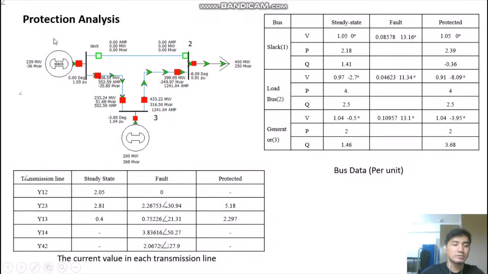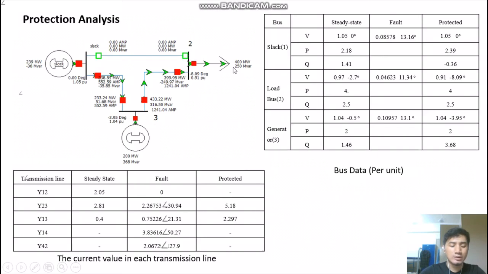Okay, next I'm going to explain about protection analysis. As you can see, this is our system after the protection is applied. We put a circuit breaker in between bus 1 and bus 2, because the fault occurs in between the buses.